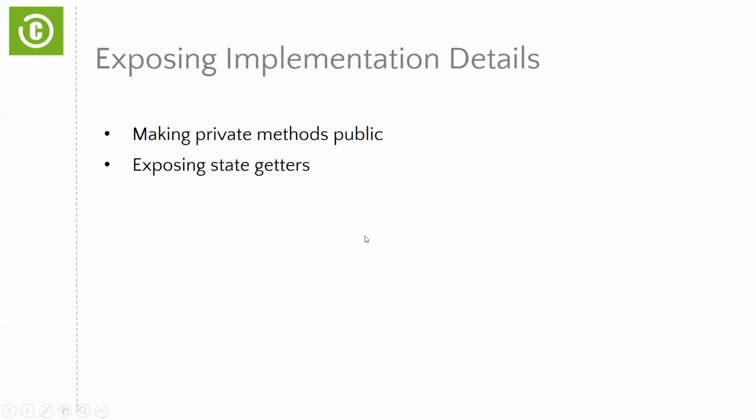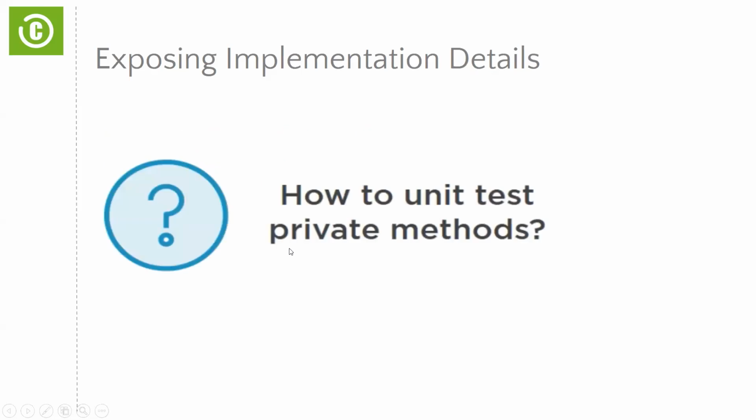One of the most violated anti-patterns, or you can say a set of anti-patterns, is exposing implementation details in order to enable unit testing. Here I have listed two examples: making your private methods public and exposing private getters. You might have heard the question, how to unit test your private methods? Well, the answer to this question is you should not do this.